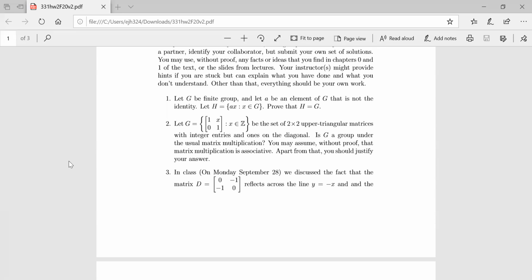Okay, so the core intuition here is that if A is an element that is not the identity is actually not relevant.